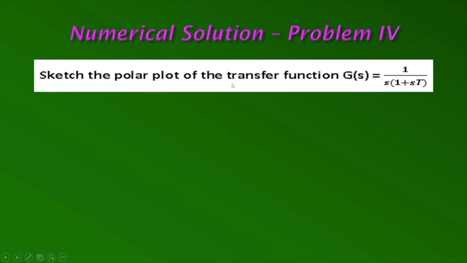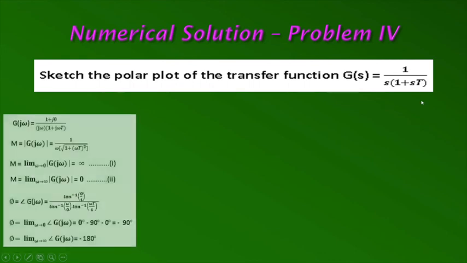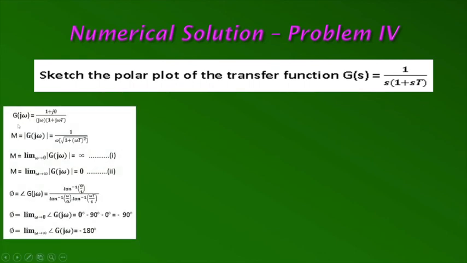Sketch the polar plot of the transfer function G(s) equal to 1 by s into (1 plus sT). Put s equal to j omega, then j omega into (1 plus j omega T).